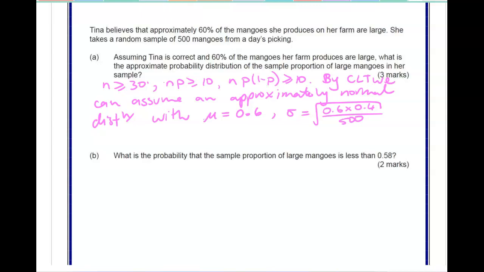By the central limit theorem, we can make the assumption that we have this approximately normal distribution. Make sure, as I said, you give your 2 parameters, the mean and the standard deviation. If it's binomial, the parameters are n and p. If it's normal, the parameters are mean and standard deviation. Remember, it's sample proportion, so the standard deviation is the square root of p times 1 take p on n.